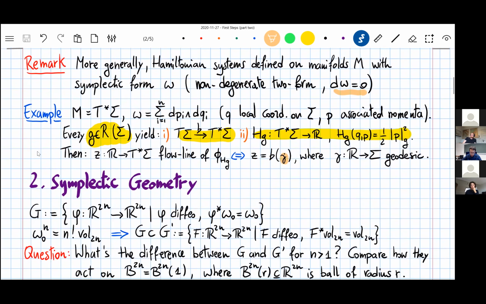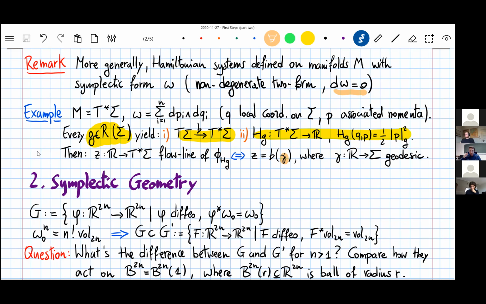Very good. So now we saw some dynamical concepts, so ODEs, and now we have to make the geometry enter the picture in some way. And this is done by introducing a group of transformations of our space.